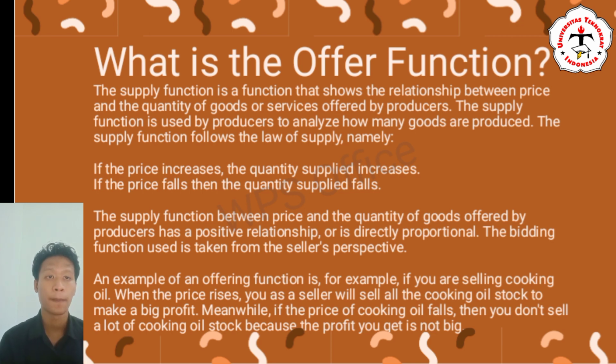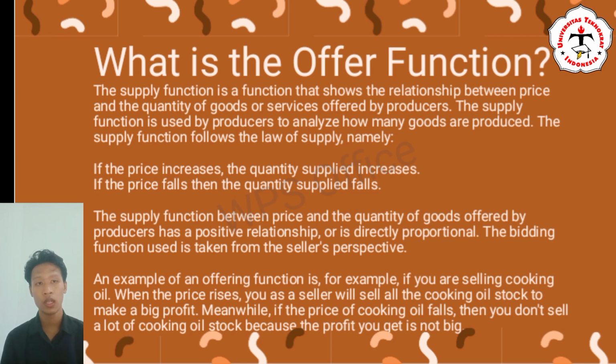The relationship between price and the quantity of a good offered by producers is positive, or directly proportional. The supply function is taken from the seller perspective.